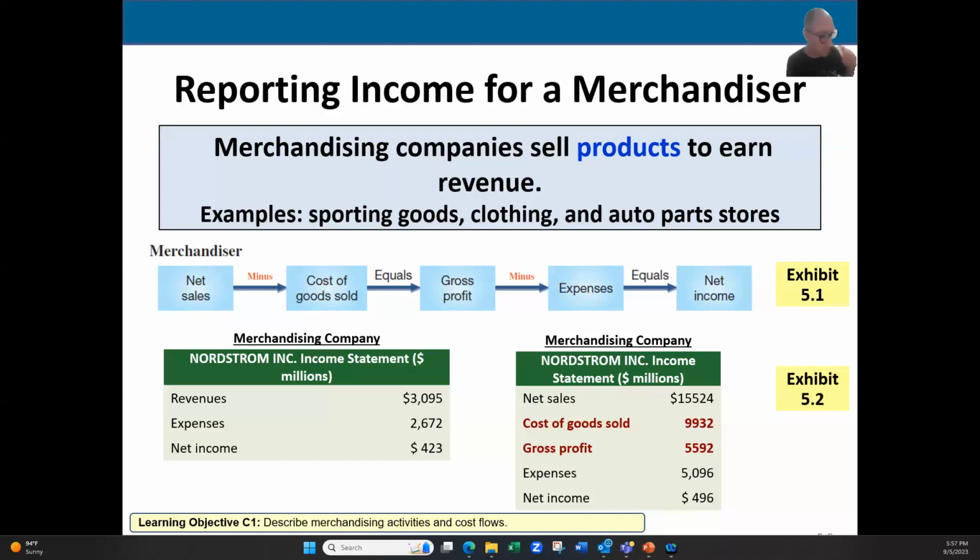The distributor then takes the goods from Bangladesh, loads them onto a shipping container, and ships them to the United States. Obviously, there's a lot of cost involved in shipping products overseas.